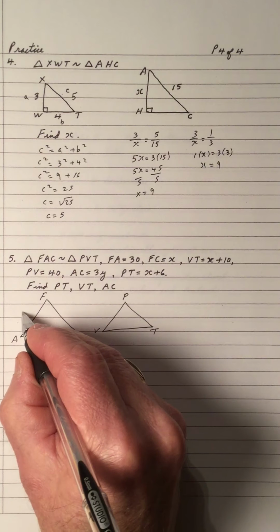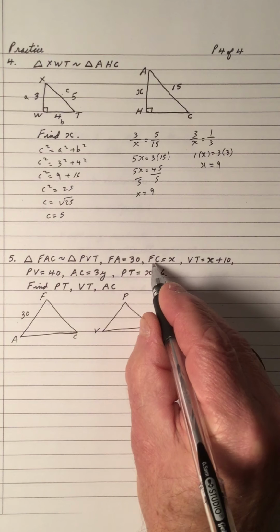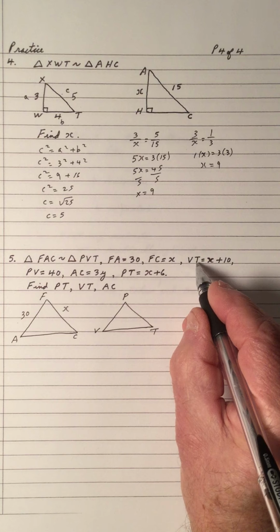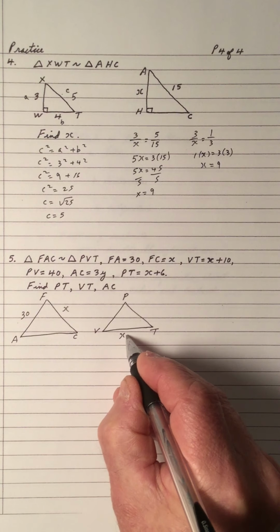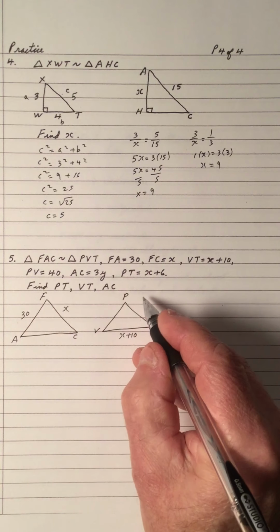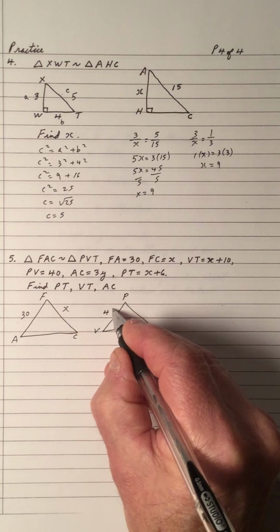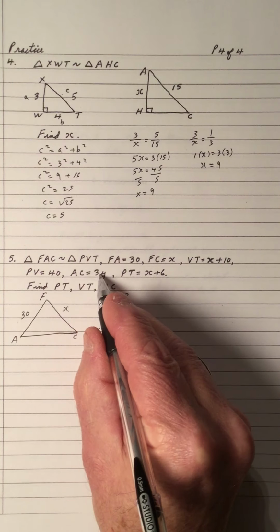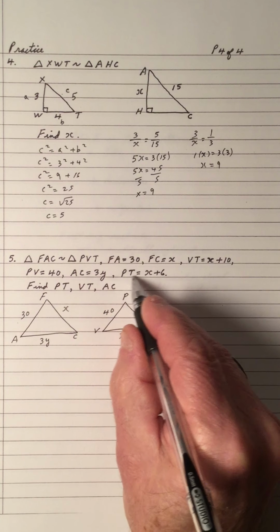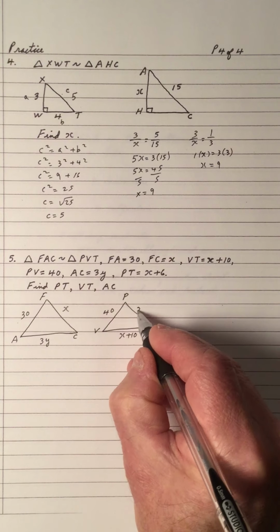FA is 30. FC is X. VT is X plus 10. PV is 40. AC is 3Y. PT is X plus 6.